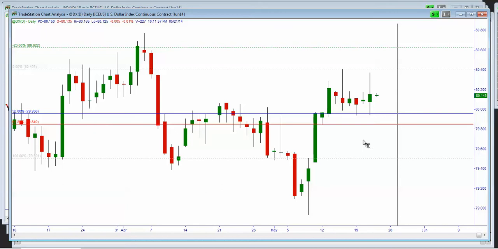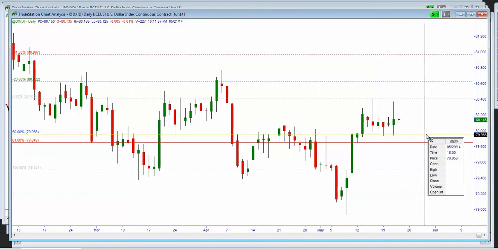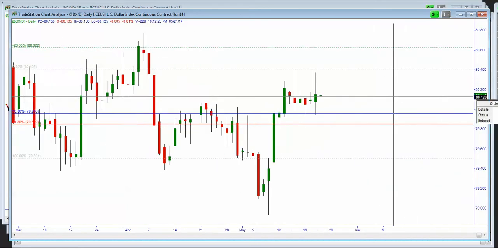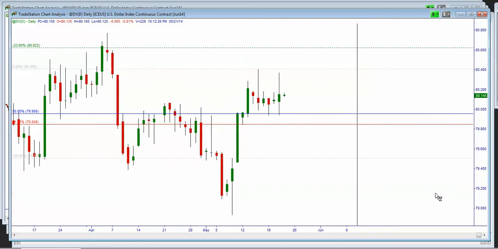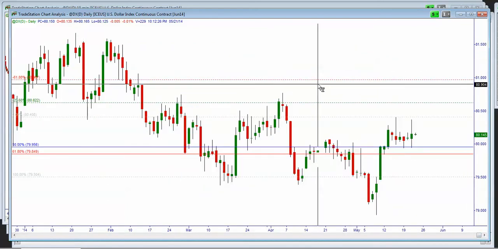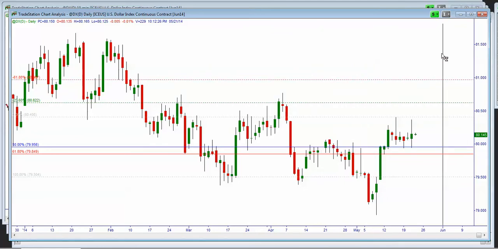So this 79.95-80 level here is an important level of support now, confirmed for the second time, and it's an extension. It targets above: 80.62 would be the first target, and the second target is this 80.97-81 here. So that's where we could see this market before we get a sensible retracement.